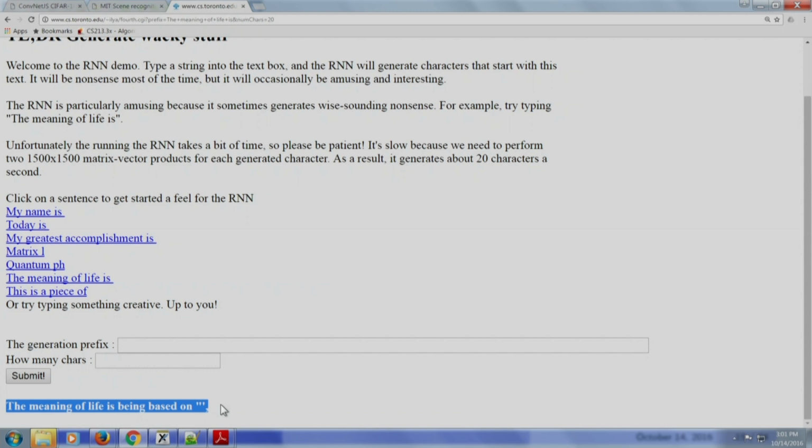there is syntactic coherence. So, syntactically being based on are certainly meaningful, and in fact if you allowed the system to generate more characters, you might find something more interesting coming in. So, let us say I allow it to generate 30 characters. Oh, you do find that the prediction has changed.